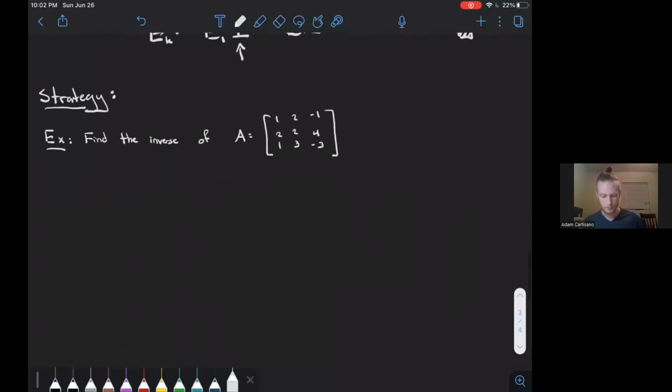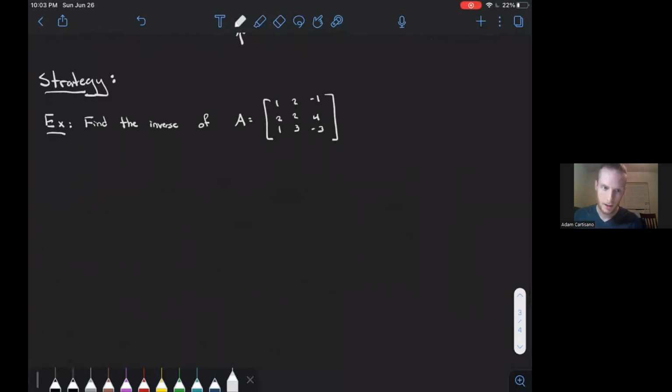Now, we're left with this example. Find the inverse of A, which is this matrix. And the strategy that we're going to employ is kind of amazing.